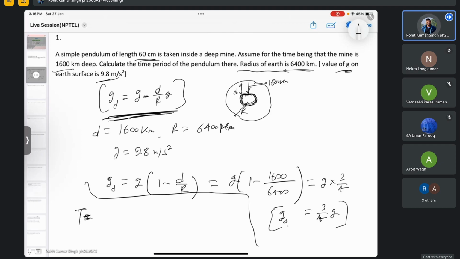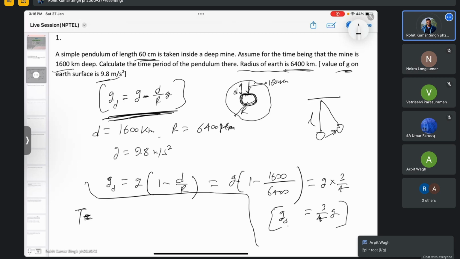Suppose you have a pendulum of length L, which is oscillating like this. So what will be the time period of this pendulum?